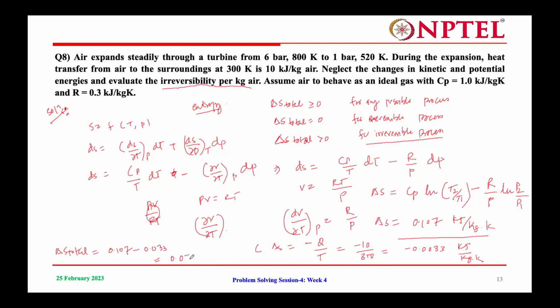The unit is kilojoule per kg Kelvin. Here the ask is to evaluate the irreversibility per kg of air. So the irreversibility per kg of air is equal to 0.074 kilojoule per kg Kelvin. That is the irreversibility, and it is positive, greater than 0, for the irreversible process.